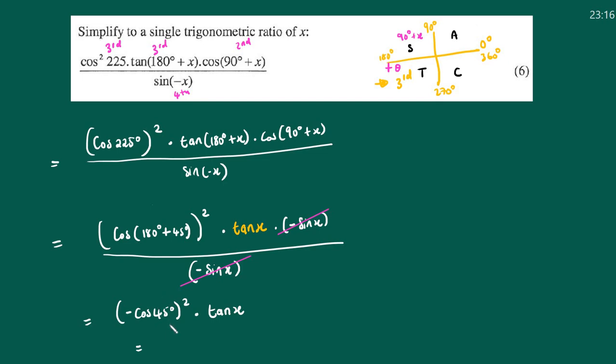In this case, because it's 45 and it's a special angle, let's remember that our special angles are essentially 0 degrees, 30 degrees, 60 degrees, 90 degrees, 180 degrees, 270 degrees, 360 degrees.